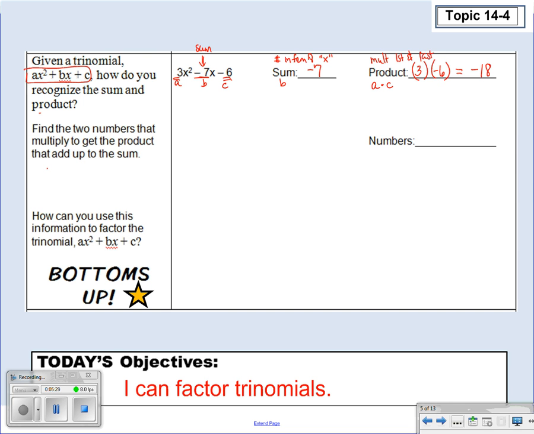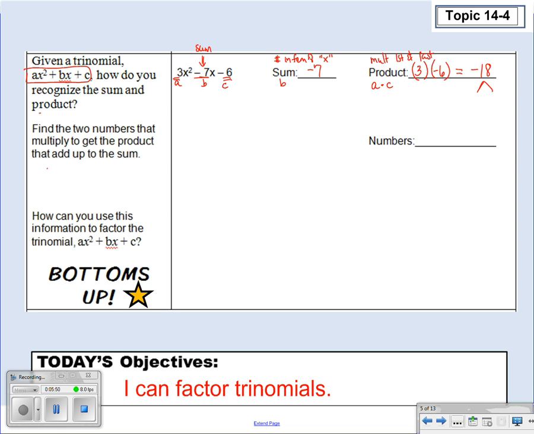Now we are going to find what two numbers will multiply to give me negative 18, but add to give me negative 7. And we did this when we did topic 14-2 on how to find the two numbers.